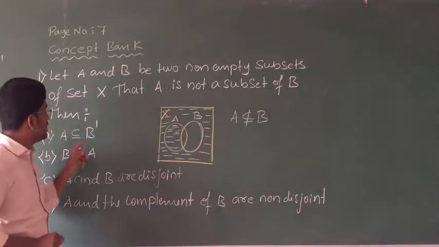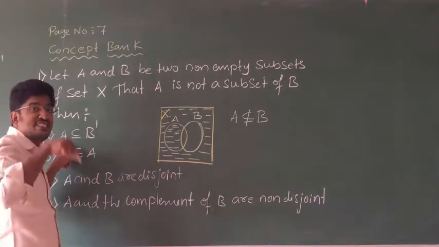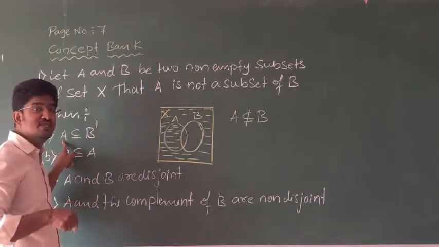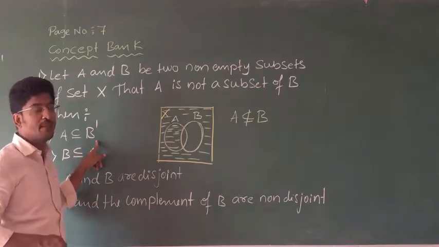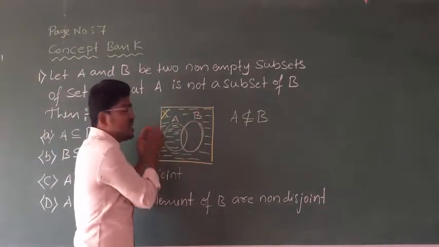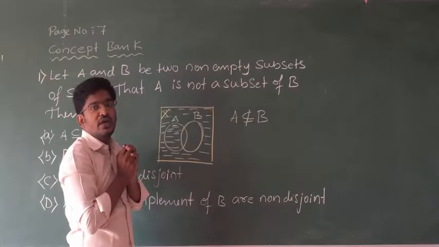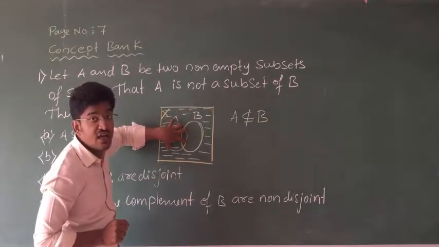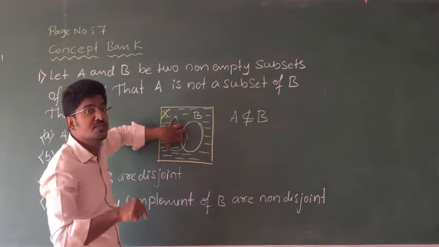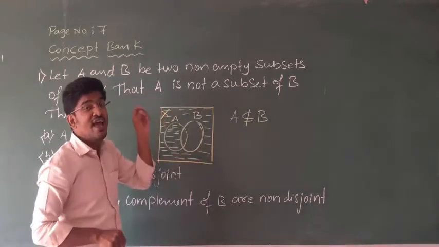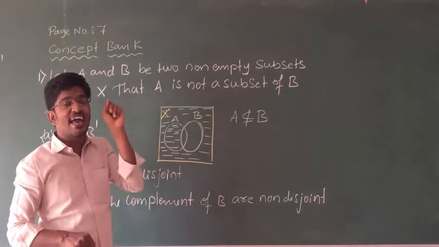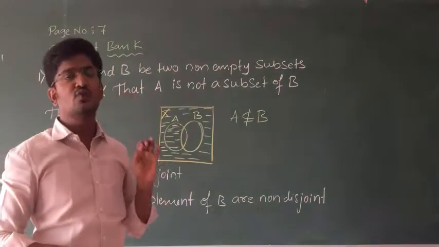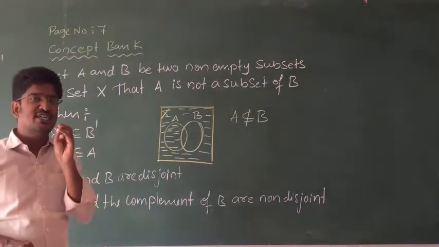What are they telling? A is the subset of the complement of B. So the shaded portion is the complement of B. And now see here, this is A. If this has to be the subset of the complement of B, each and every element of A must be in the complement of B. That is what the subset definition tells.